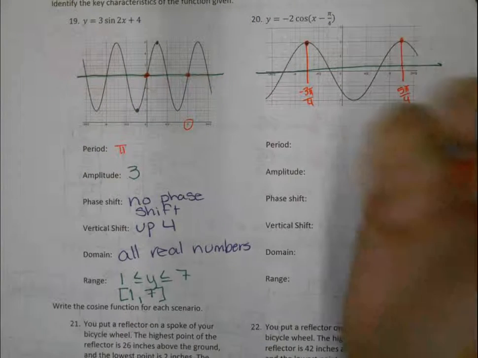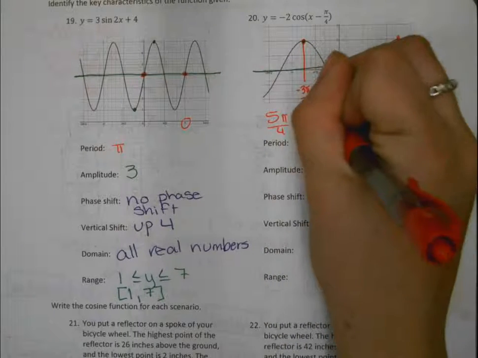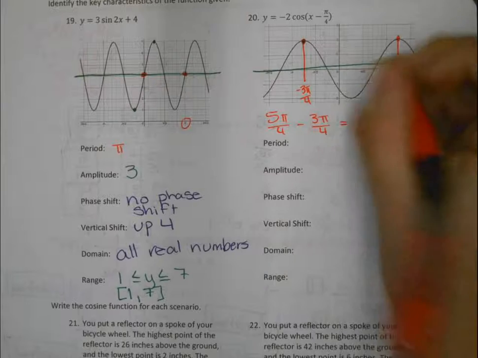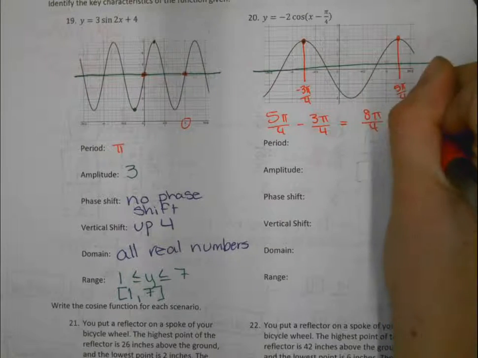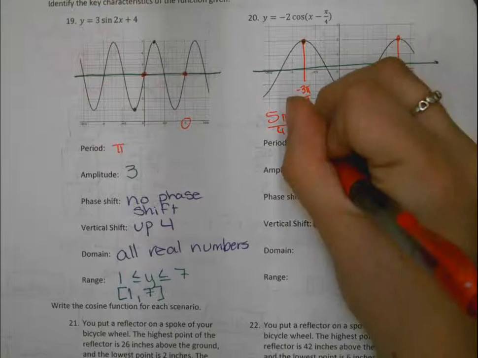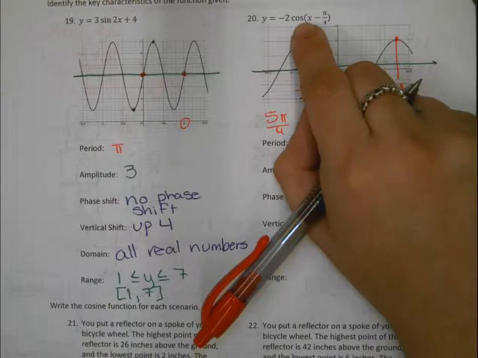So if I do 5 pi fourths minus 3 pi fourths, it gives me a period of 8 pi fourths, which is just 2 pi. Another way I could tell is if there's no number in front of my x, then it's always 2 pi.